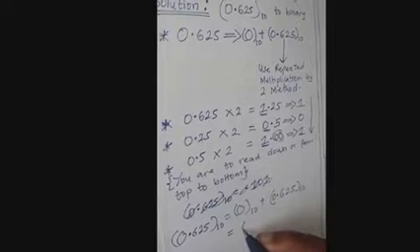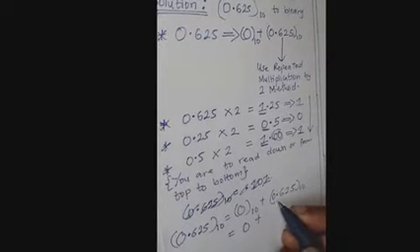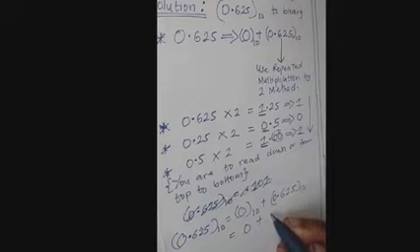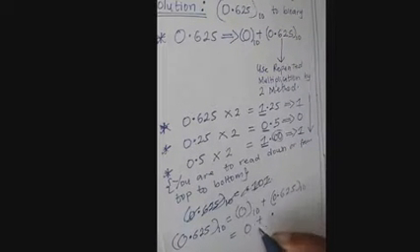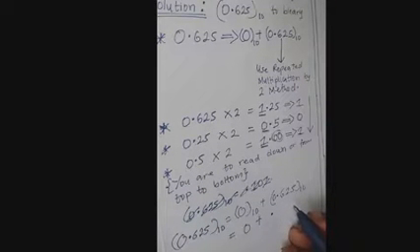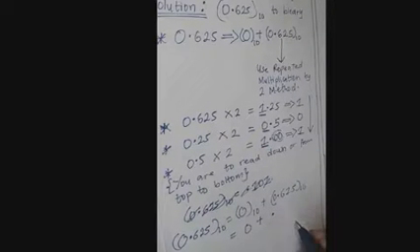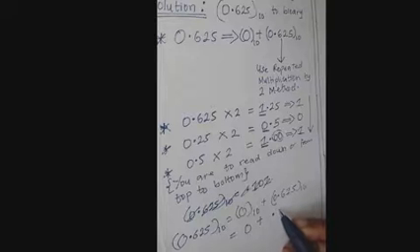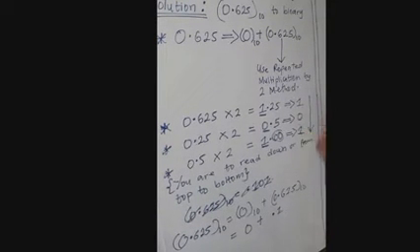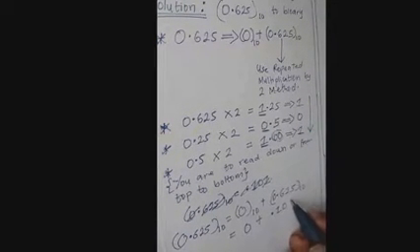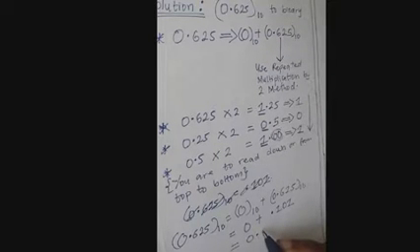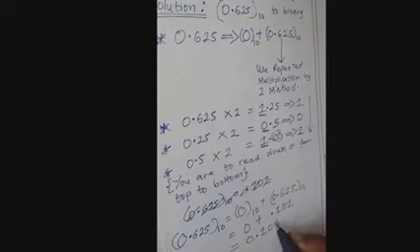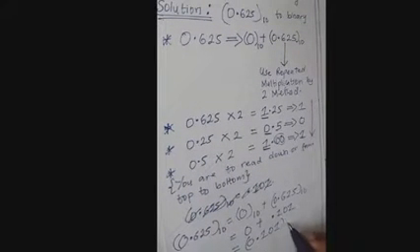So this in base 10 will give us 0 plus, and this in base 10, according to what we've done, will give us dot 1, 0, 1, and the final answer will be 0.101 base 2.